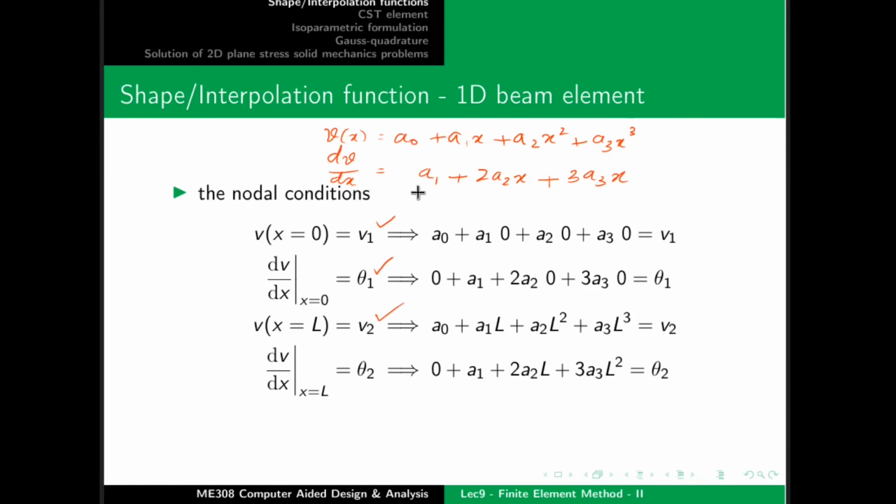Similarly, the slope at the second node, dv by dx at x equal to L, is theta 2, which is equal to 0 plus 2a2 into L plus 3a3 into L square. Now these expressions can be represented in a matrix form. So we write a matrix.